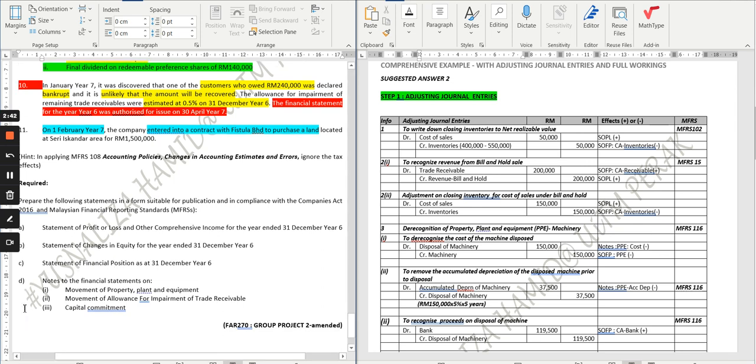And finally, there will be notes to the financial statements that will show the movement of property, plant and equipment, and also the movement of the allowance for impairment of trade receivables in accordance with the requirement of MFRS 9, which is equivalent to IFRS 9. Movement on PPE will be in compliance with the requirement of MFRS 116. So make sure that you still remember those MFRS that you have learned much earlier.